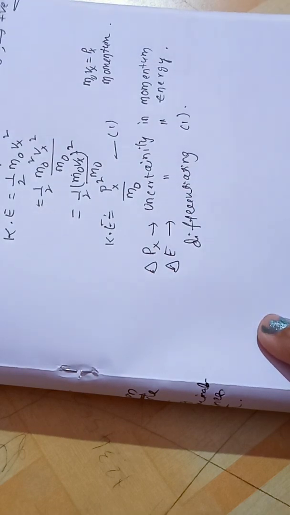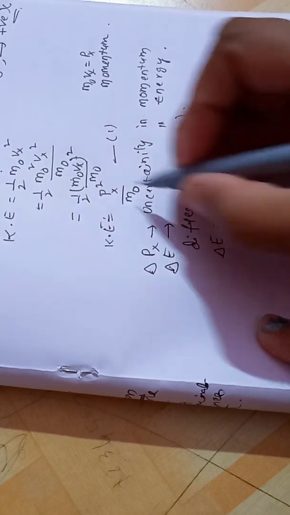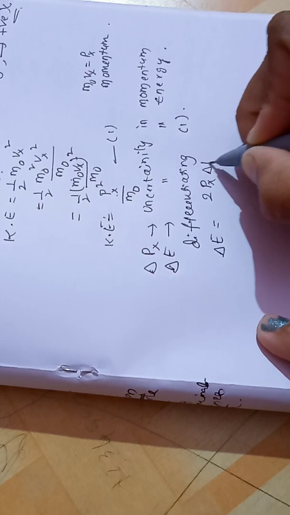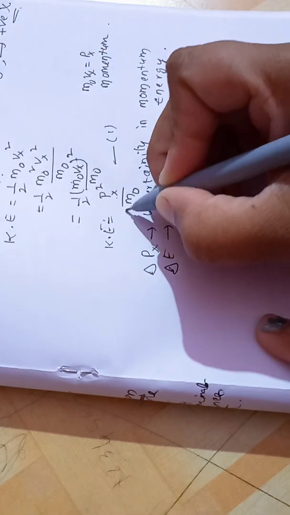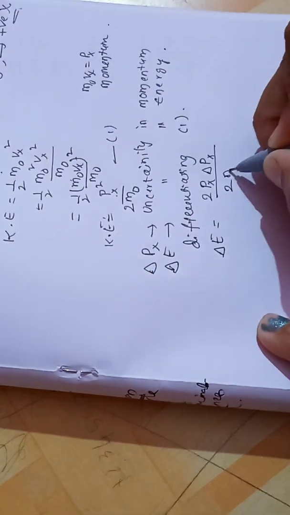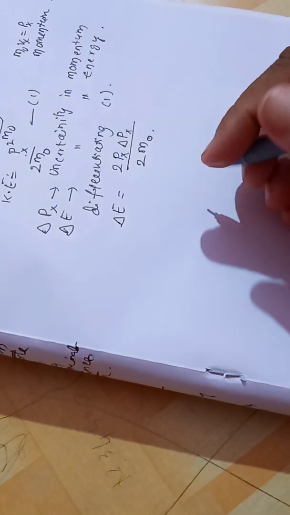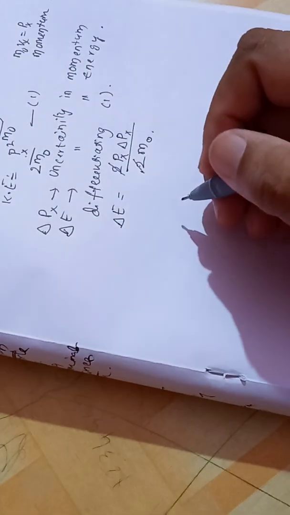equation 1, we get delta E equal to 2 px delta px by 2 m0, where the 2 strikes off.